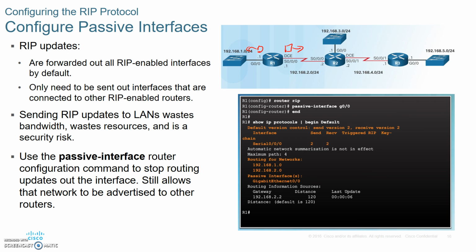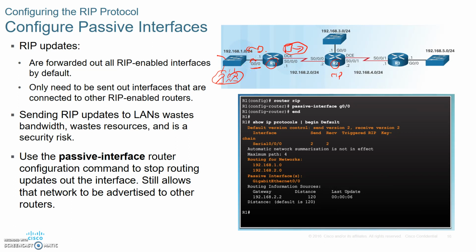In this case, for R1, the RIP update is sent to R2, which is good because R2 is also a RIP router and can know the latest updates. But the RIP update is also sent out through your G0/0 interface, which is connected to a switch, which is most likely also connected to PCs. The PC and the switch do not need to know the RIP update because they are not running RIP. Only routers are running RIP. So the packets sent out here are wasting your bandwidth.